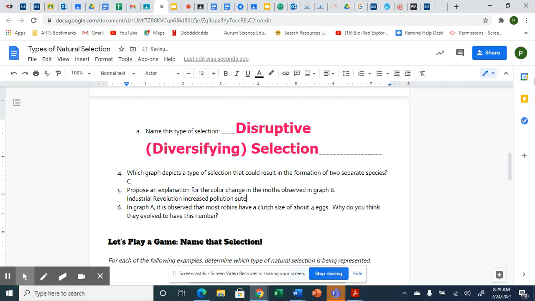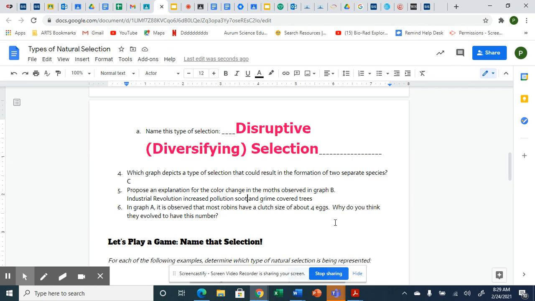S-U-T? Soot and grime covered trees. Okay, soot. I don't think soot's spelled that way. Oh, idiot. Soot. Okay.